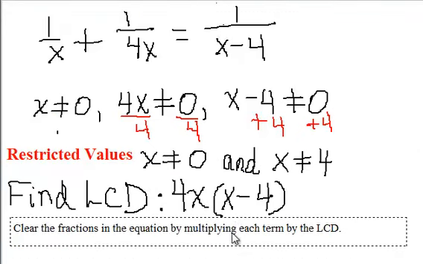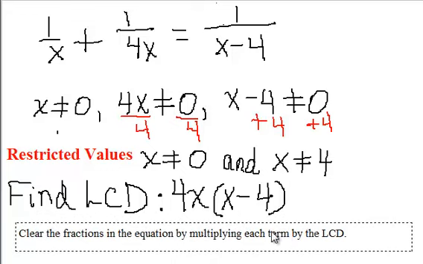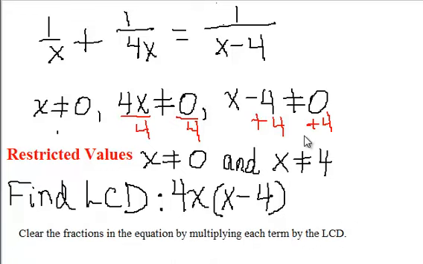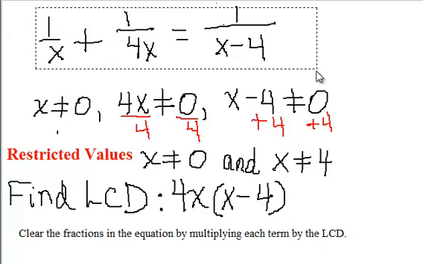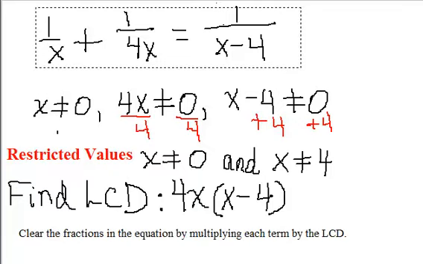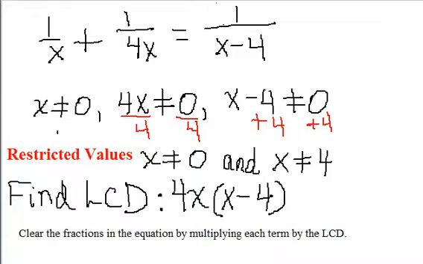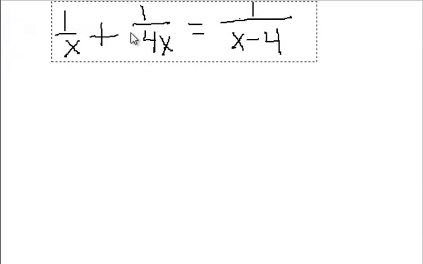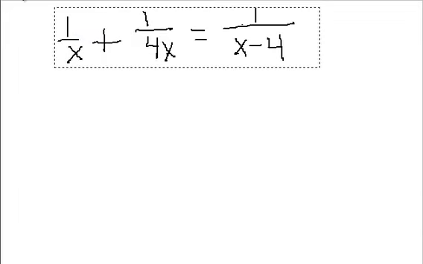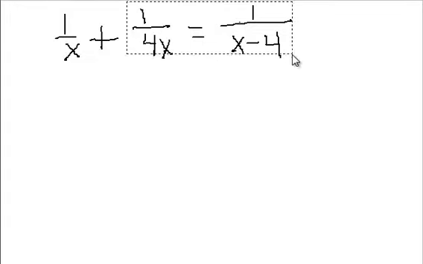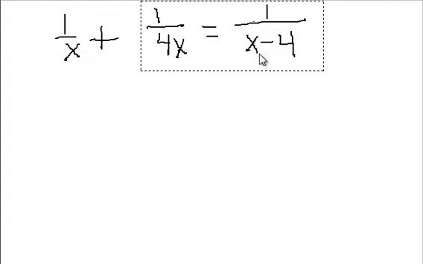So that's actually what we're getting ready to do now. All right, so every term of this original equation is going to get multiplied by 4 times x minus 4. So I'm going to spread this out a little bit.